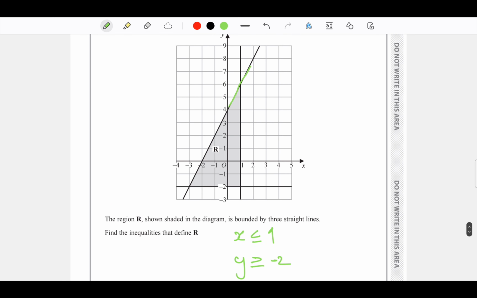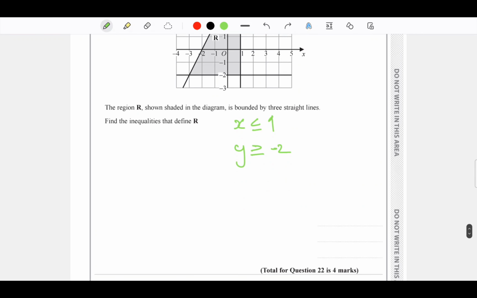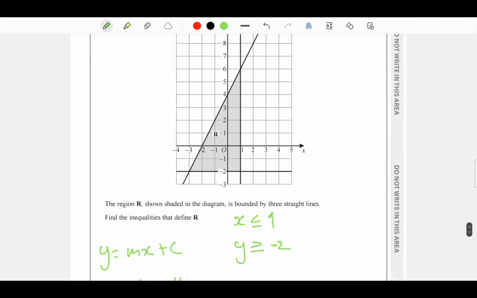For this line, you have to do some extra steps, but it's not too many. First of all, we need to find the gradient, y equals mx plus c. We need to find what m is. m equals y2 minus y1 over x2 minus x1. These are points. We are going to choose 2 points from the line.